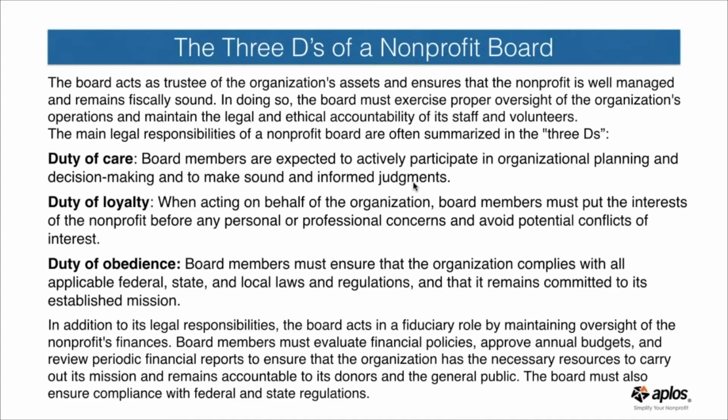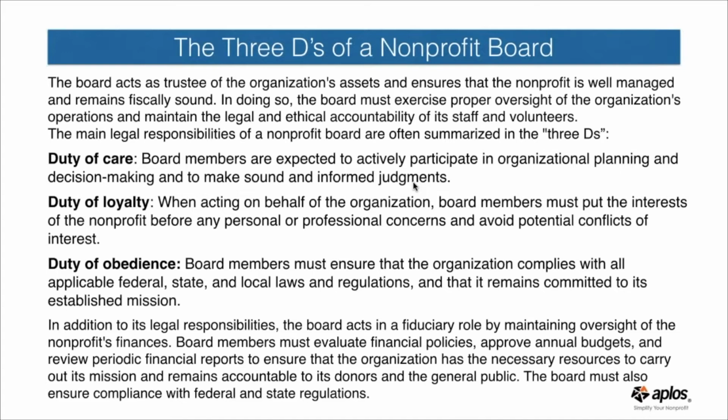the mission of that organization. A duty of loyalty, that's the second D, is when you are acting on behalf of the organization. Board members must put the interests of the nonprofit before any personal or professional concerns and avoid potential conflict of interest.